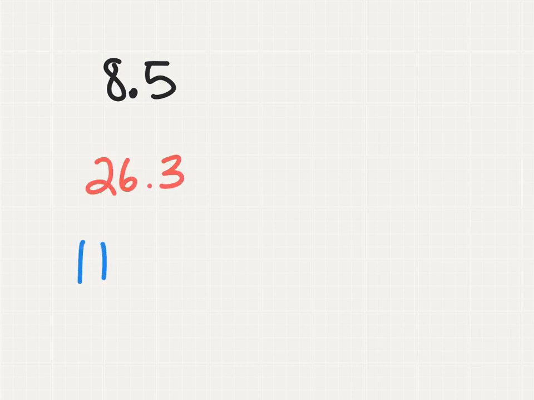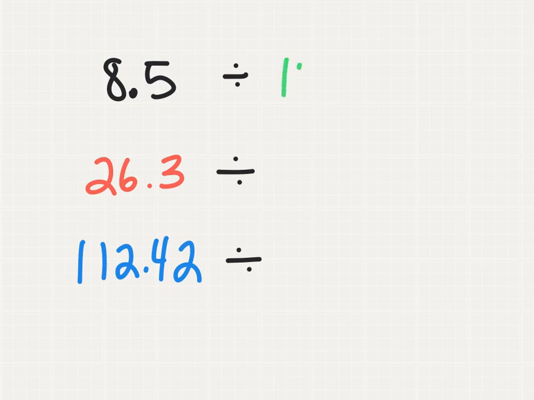Now, a very similar thing happens when we're dividing. So if I had 8.5, 26.3, and 112.42, and this time, rather than multiplying, I'm dividing, and I'm still doing it by powers of 10. So maybe now it's by 10, by 100, by 1,000.